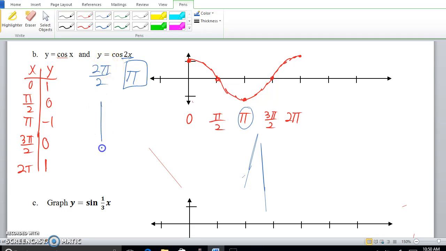And so once again, when we build our table, we know we're going to start at 0. We know we're going to end at pi. And so now if we want to find the other 3 key points, well, we'll cut pi in half. So that'll give us pi over 2. And then what's half of that? Well, that'd be pi over 4. Okay.